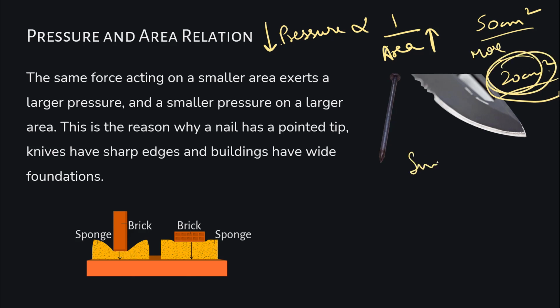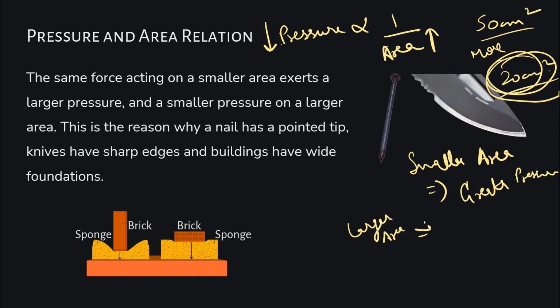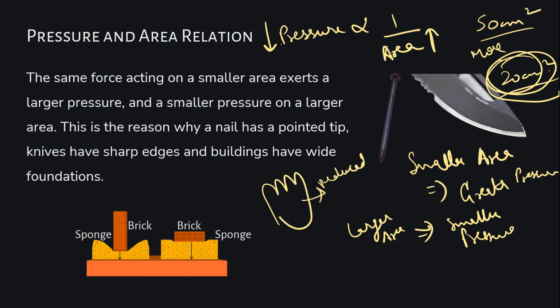Okay, so smaller area means greater pressure because they are inversely proportional. 1 upon area, right? Greater pressure. And larger area means smaller pressure. Correct? Just like we saw in that camel case, that for camel it has wider feet, so it reduces pressure. Wider feet reduces pressure for camel, right?